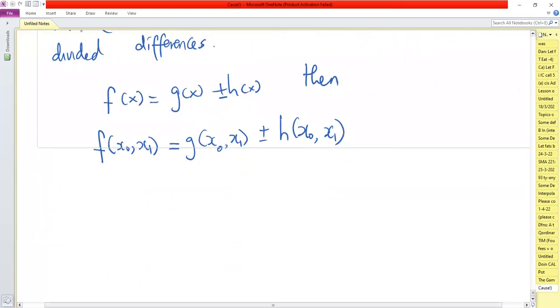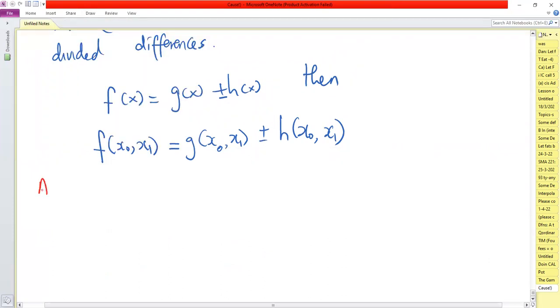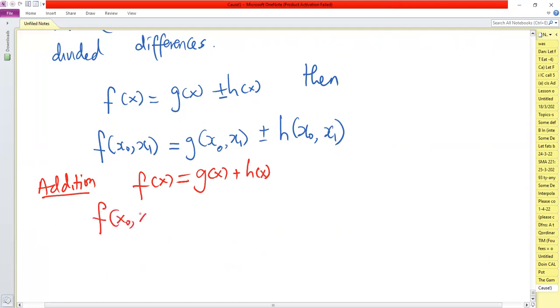So we can also prove this one for the case of addition. I have f of x given by the sum of g and h. If I want to define f[x0, x1], then it's the same as f of x0 minus f of x1 divided by x0 minus x1.